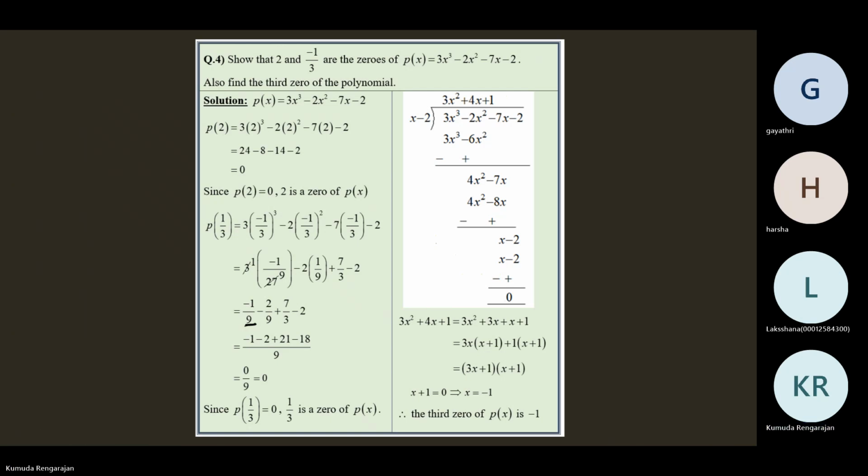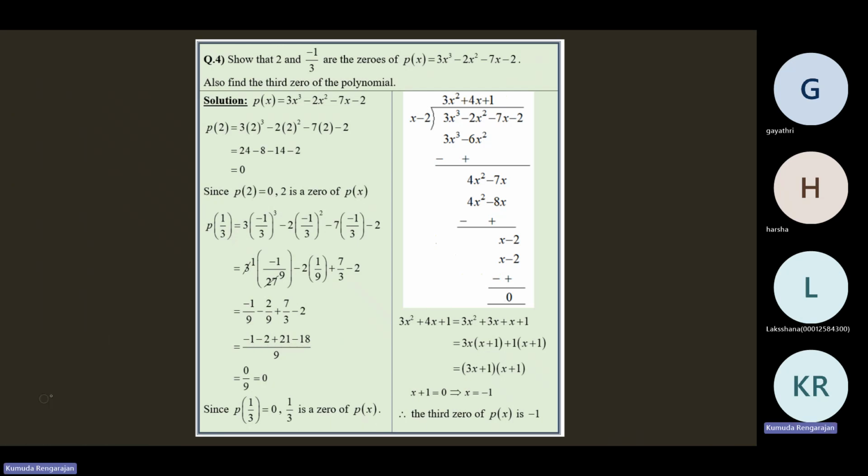Watching? Minus 1 by 9, minus 2 by 9, plus 7 by 3, minus 2. Common denominator 9. And when you simplify it, 0. So 0 by 9 is 0. So since P of minus 1 by 3 is 0, minus 1 by 3 is a zero of P of x.